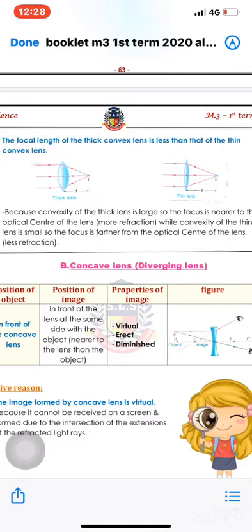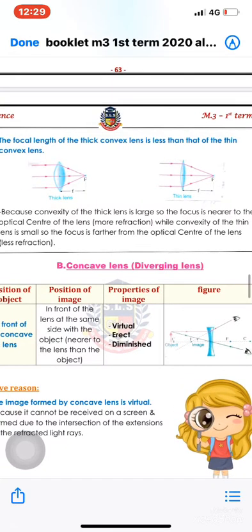The convexity of the thick lens is large, so the focus will be nearer to the optical center of the lens. It will have more refraction. The refraction will be higher here. Okay, so the focus will be near. The rays will be refracted highly, so the focus will be near to the lens. So the focal length will be shorter.